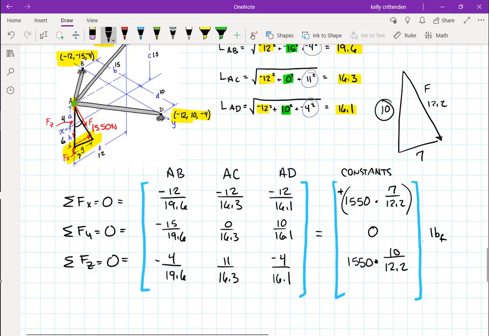So the trick now is putting this into your equation solver. So I want to see if I can get them in over here. Let's see if I can find the solver. I never remember where it's at. There we go.